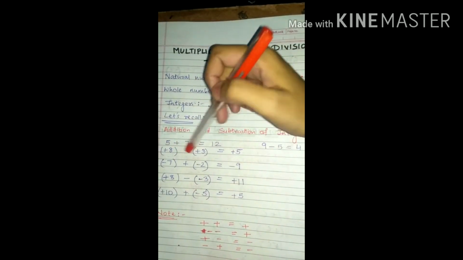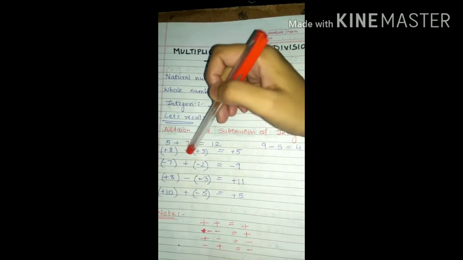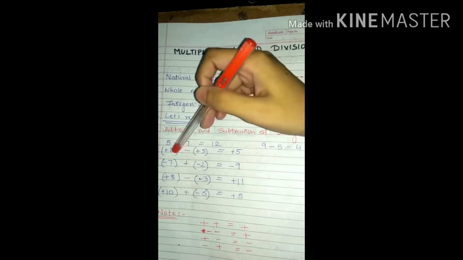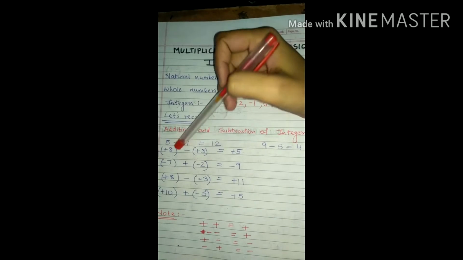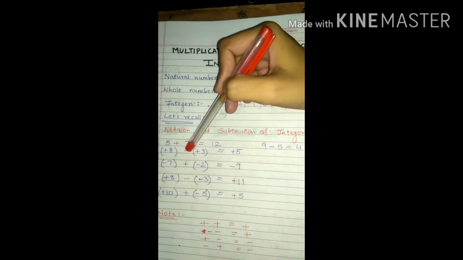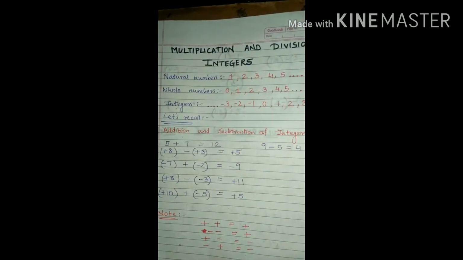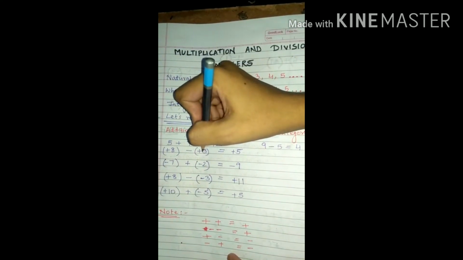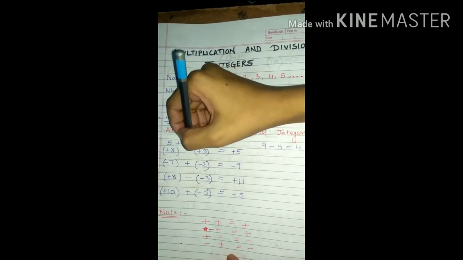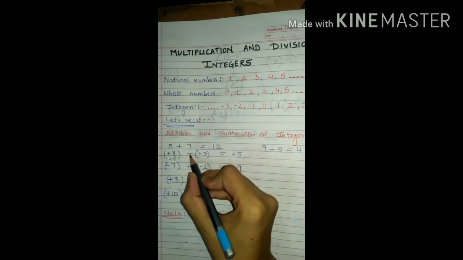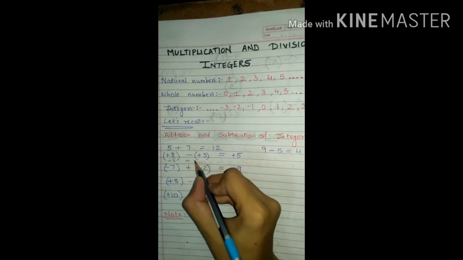Now for this example, as you can see, plus, minus and again plus. How will we know whether to add or subtract these two numbers? By keeping this in mind: minus into plus is minus. So plus 8 is there, then minus plus becomes minus.